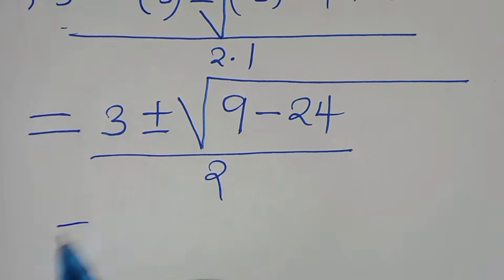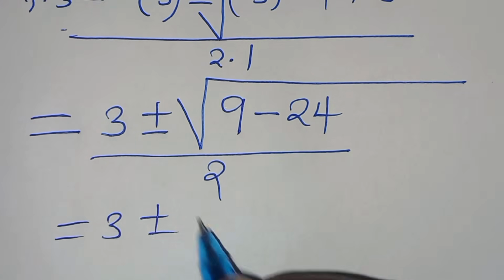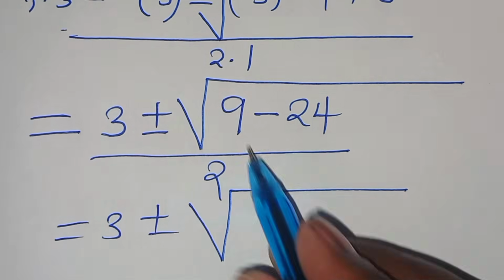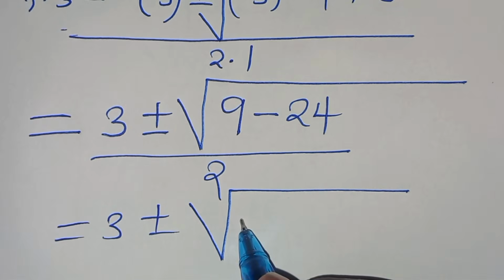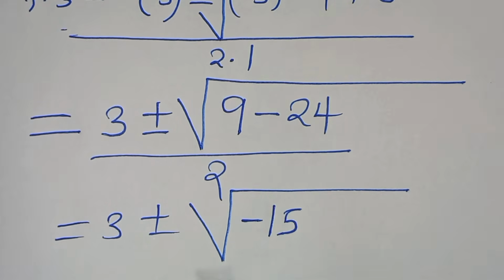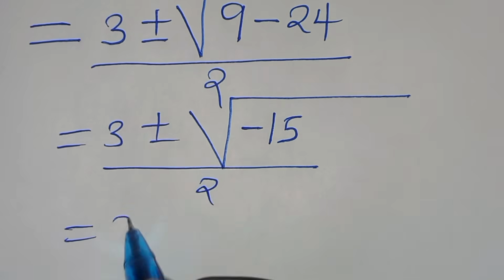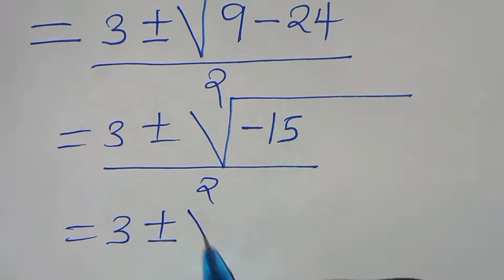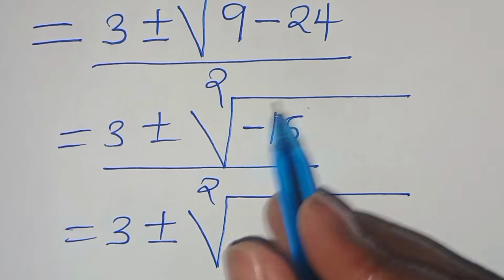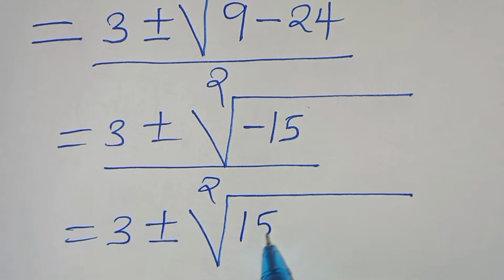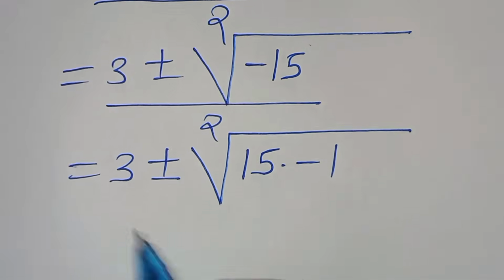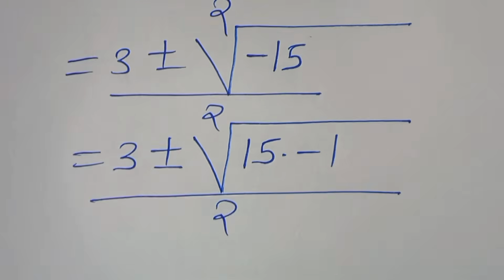Now this means that a minus times minus 3, this is 3, plus or minus a square root of minus 3 squared, this is 9, minus 4 times 6, this is minus 24, then divided by 2. So we have 3 plus or minus a square root of 9 minus 24. This is equal to minus 15, then divided by 2. So this is equal to 3 plus or minus a square root of minus 15, which we can write as 15 times minus 1, then divided by 2.